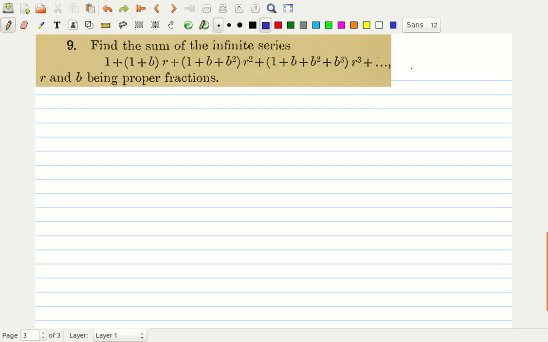Okay, so we can see the pattern in this series. So we have to find the sum of the infinite series.